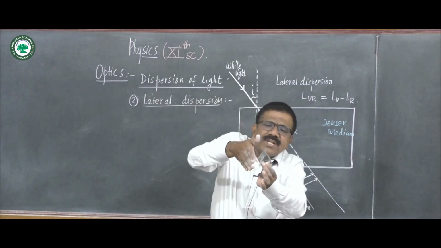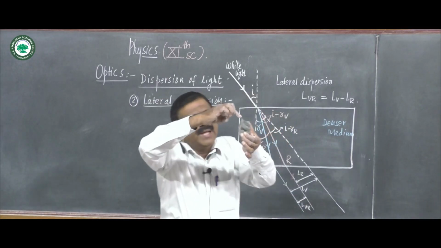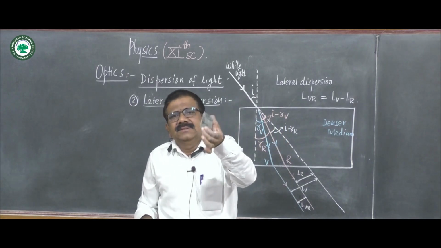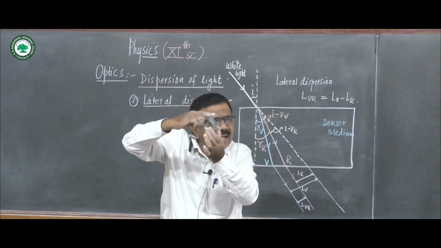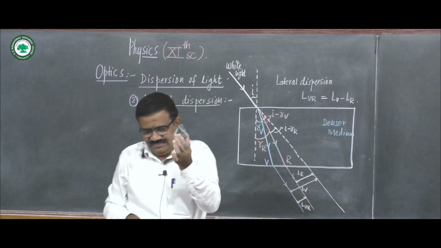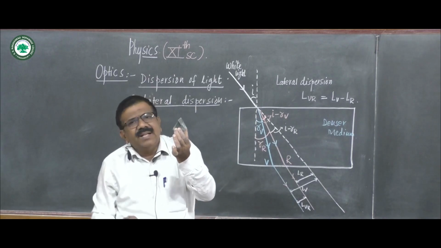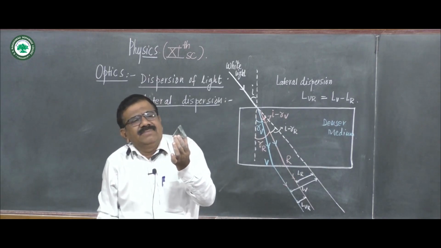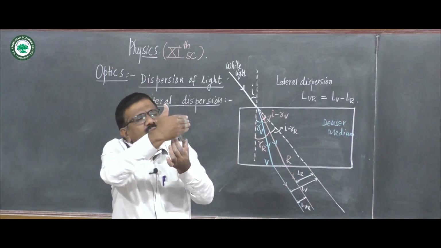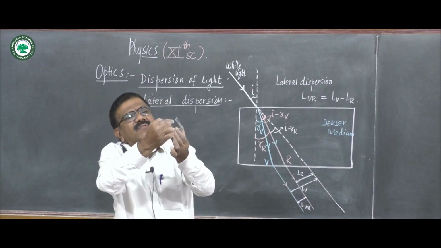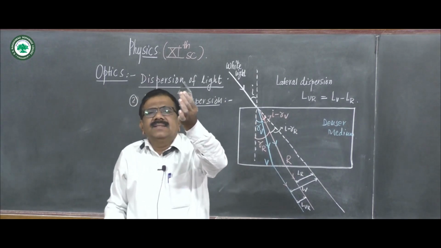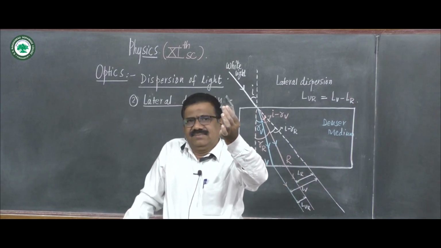The line along which the 2 refracting faces meet is the refracting edge of the prism. The angle between these 2 plane surfaces or refracting surfaces is the refracting angle.